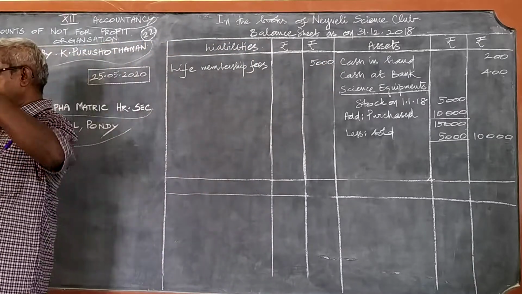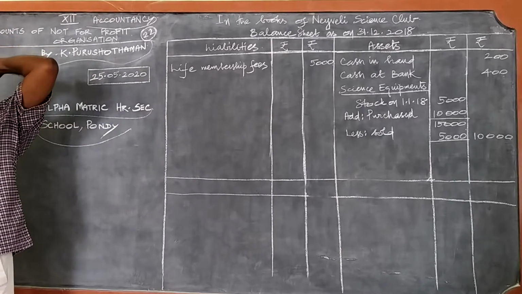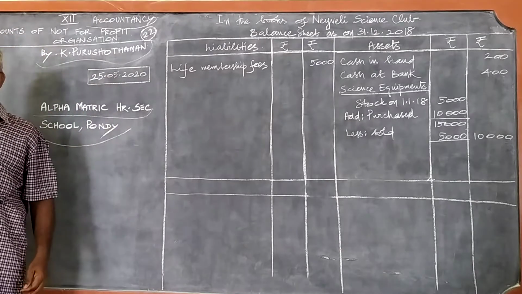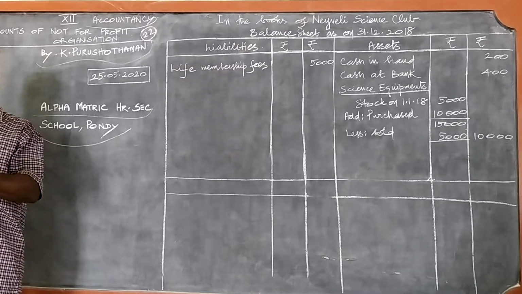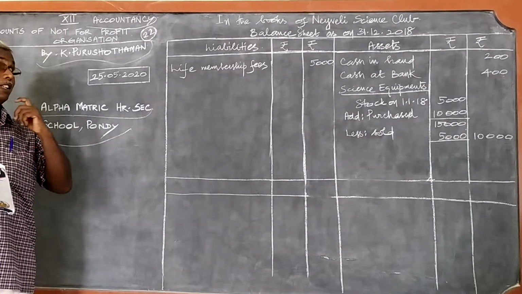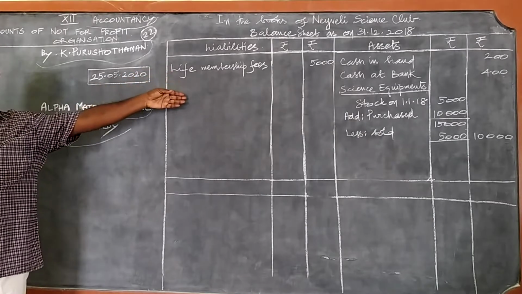Entrance fees is a revenue item, whereas life membership fees is a capital item. It should appear under liabilities side.